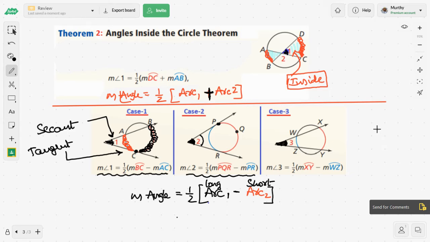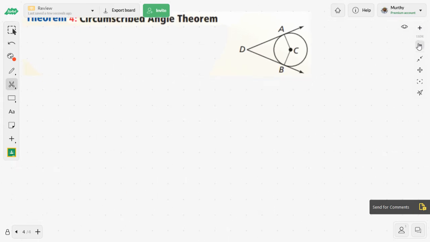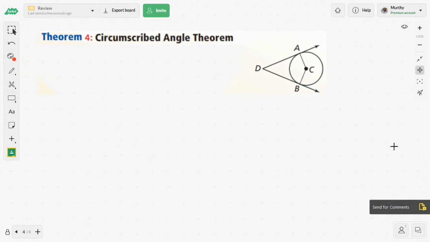In the next case, if the angle is formed outside the circle, then we are subtracting: the value of the short arc is subtracted from the value of the long arc. This is the second comparison. So the next theorem is, let me increase the size a little.